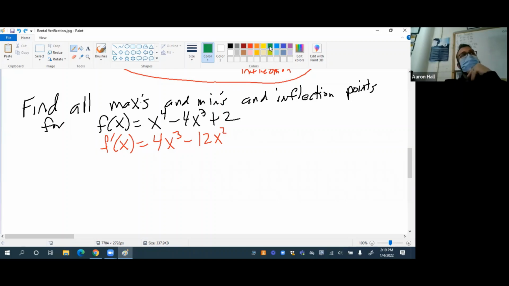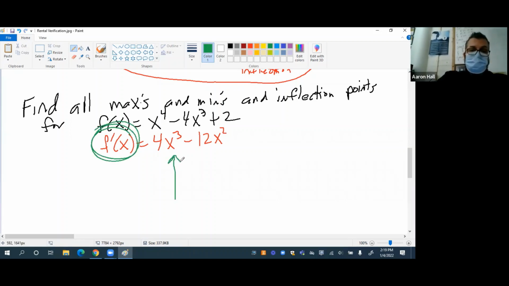Yeah, so we need to know when the slope is 0. We need to know what x is when the slope is 0. So we're going to say that the slope is 0.